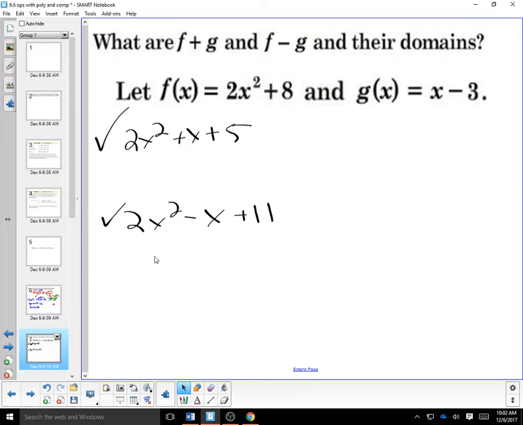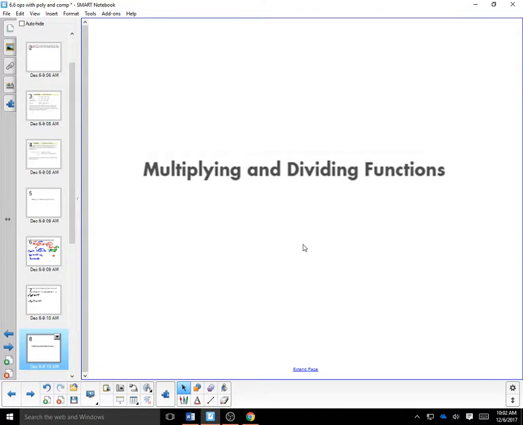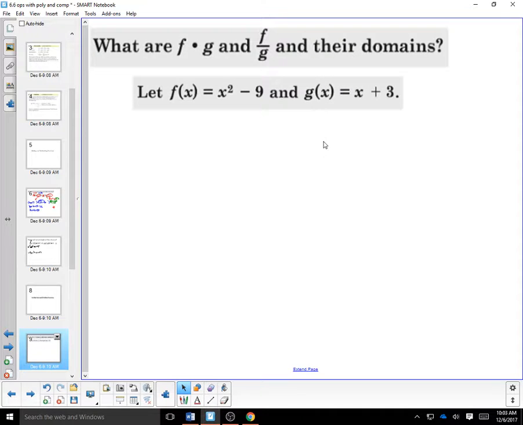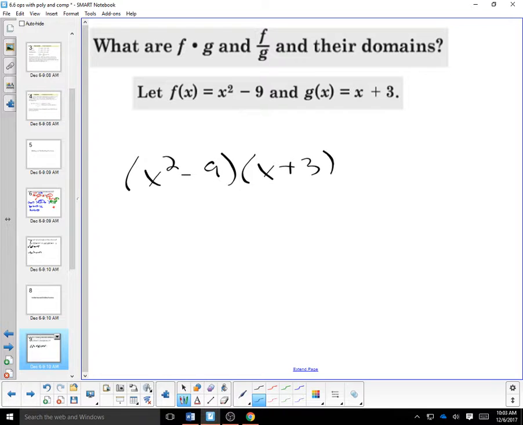All right, so let's change it then. Let's multiply and divide. All right, so let's start with the multiply first. I've got x squared minus 9 getting multiplied by x plus 3.